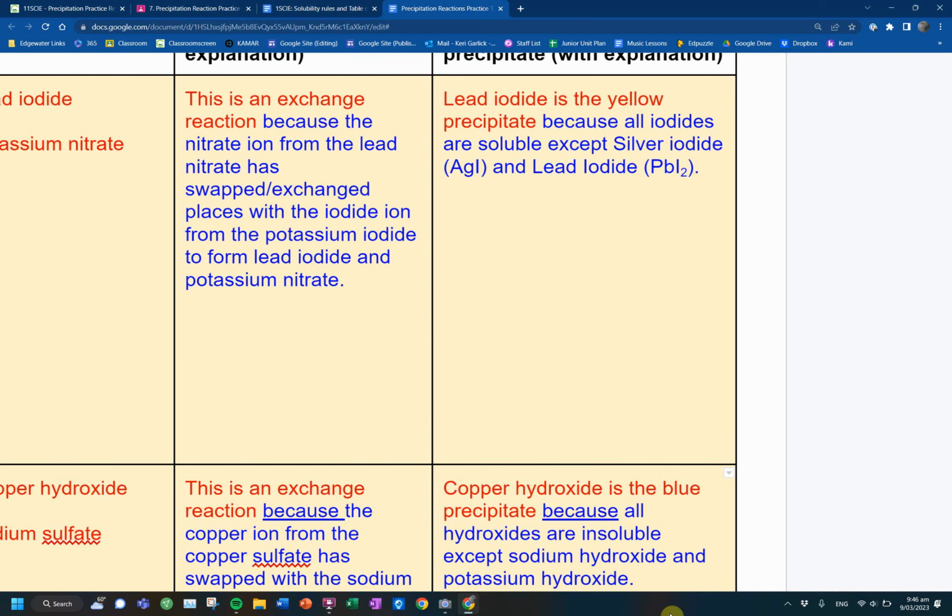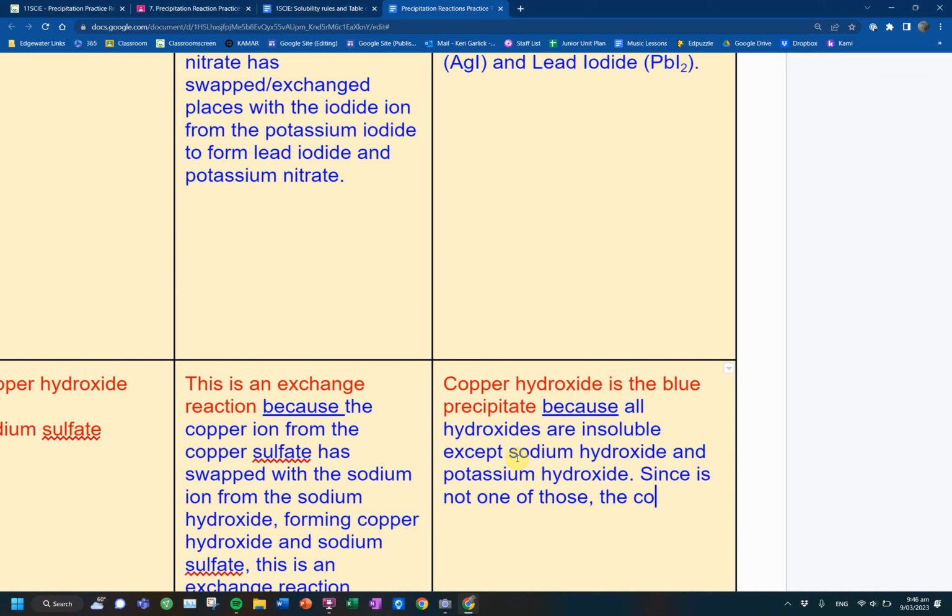Since this is not one of those, the copper hydroxide is the precipitate, or is insoluble. And you can add some more layers if you want, and thus the PPT.